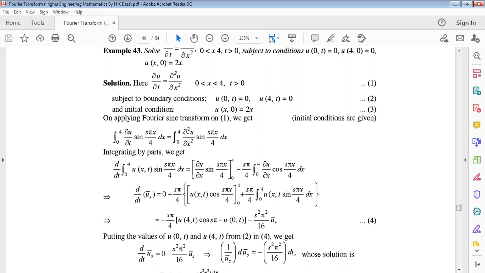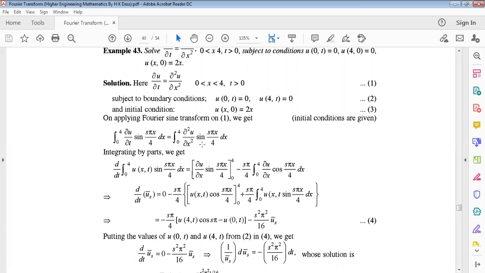Now taking integration by parts on both sides, del u del x integration: if you take this integration, one order will be decreased from the differentiation. That means del u del x only. Then u into v plus v into u, that means u into the integration of v minus the differentiation of this.